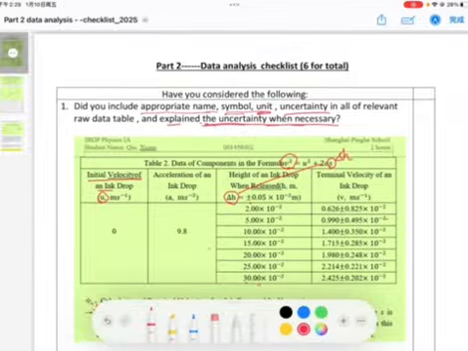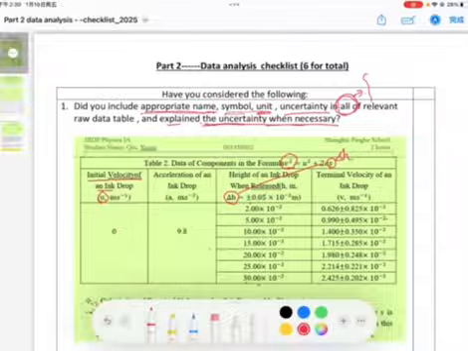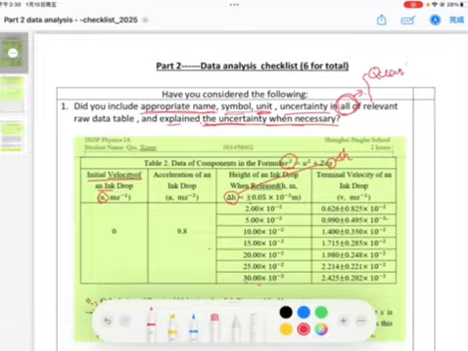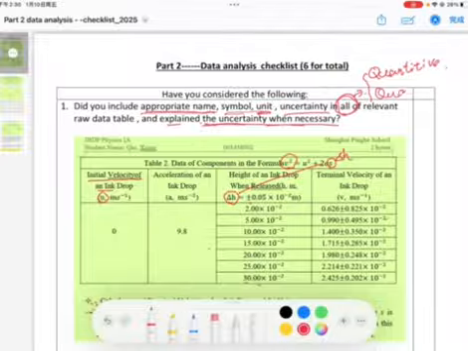So it includes everything. Another thing I wanted to emphasize here is all of the relevant raw data. As we know, for your raw data, you might have quantitative, right? And you might have qualitative.